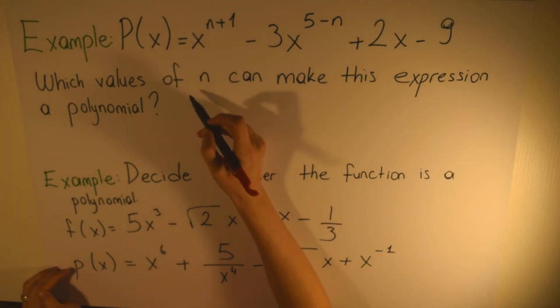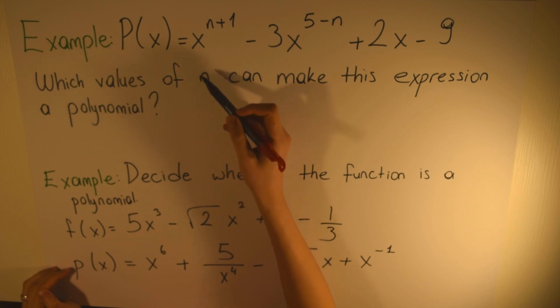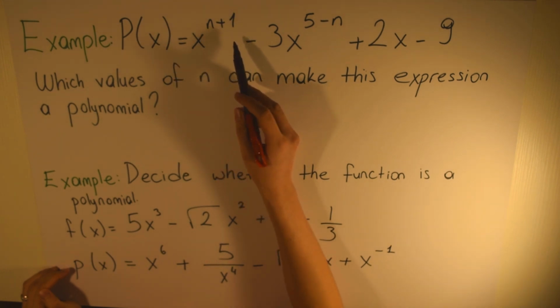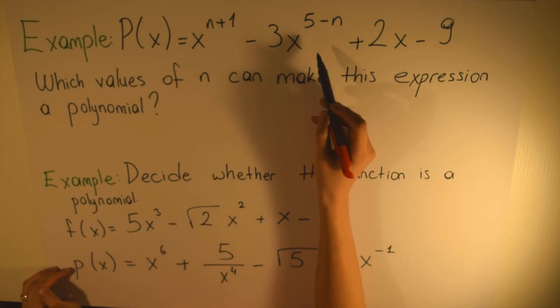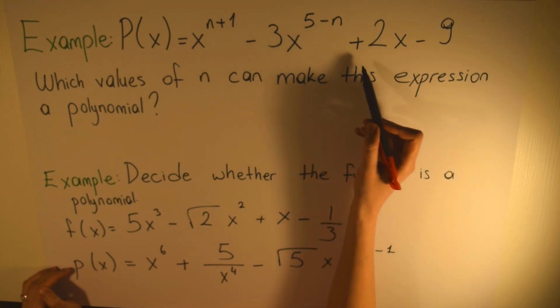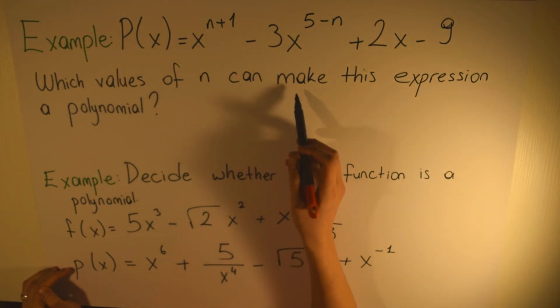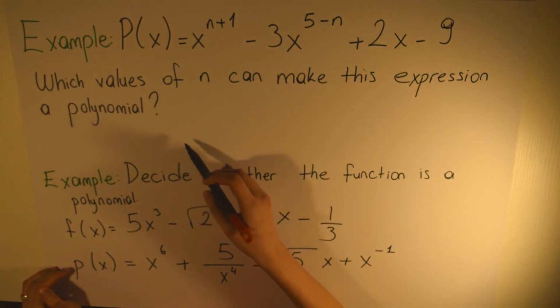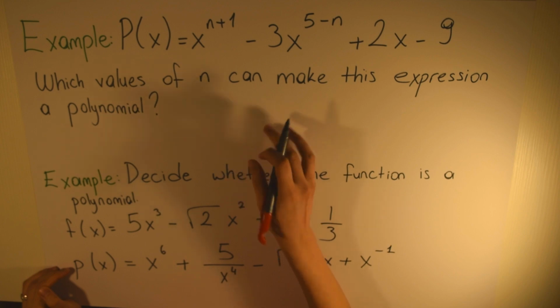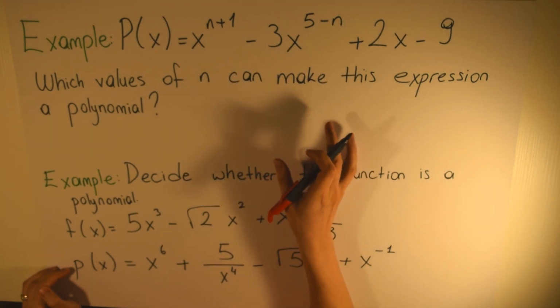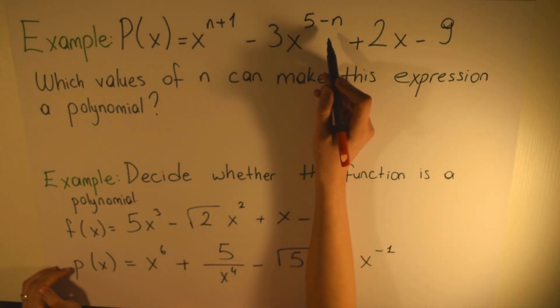In this example, we have p(x) is equal to x to the power of n plus 1, minus 3x to the power of 5 minus n, plus 2x minus 9. Which values of n can make this expression a polynomial? So in order to make this expression a polynomial, these exponents have to be equal to or greater than 0, right?